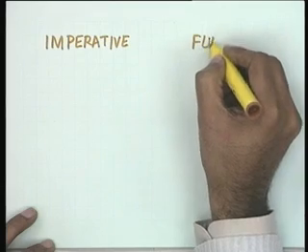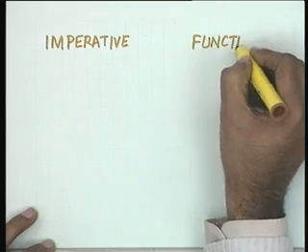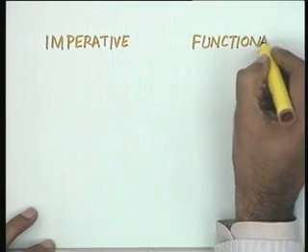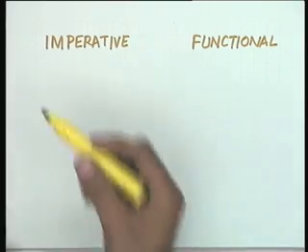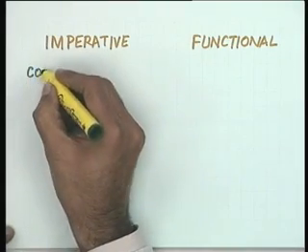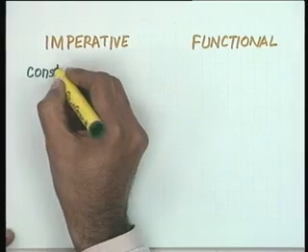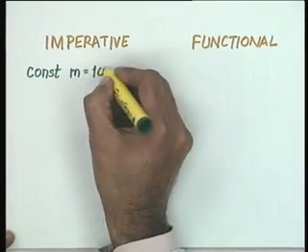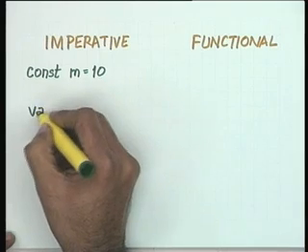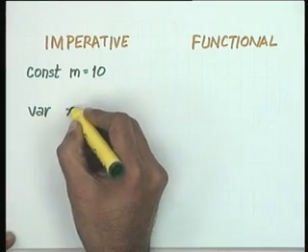So we will take a Pascal like and an ML like language. A Pascal like language has these constant declarations, right, and has variable declarations of this form, let us say.